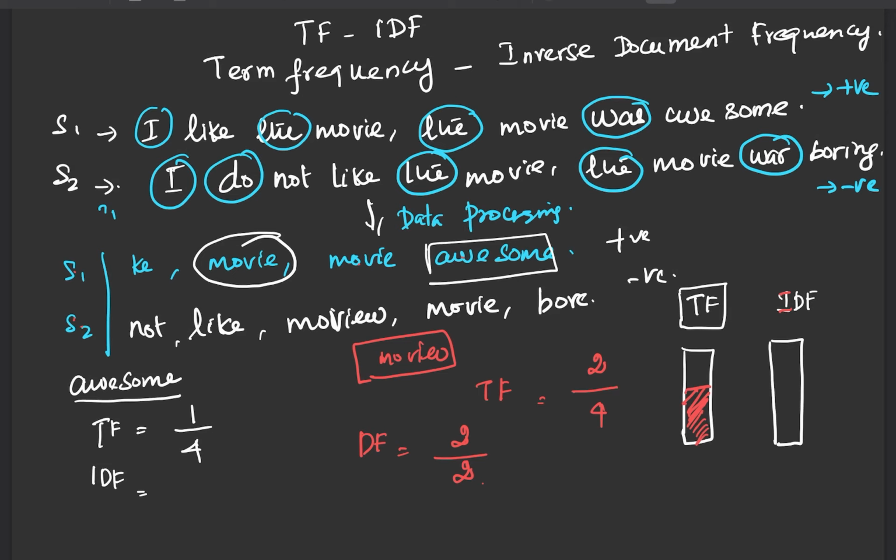First measure the document frequency: in IDF, the numerator is the total number of documents, and the denominator is the number of documents where the word appeared.